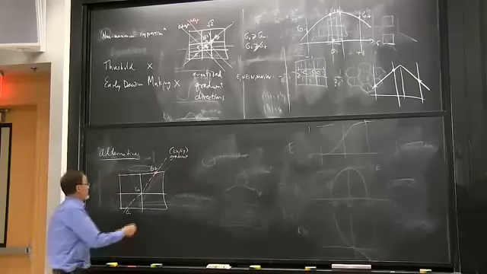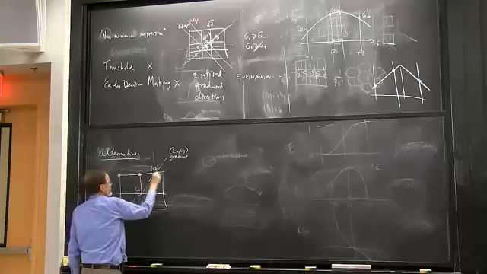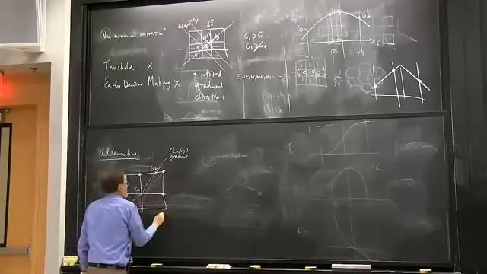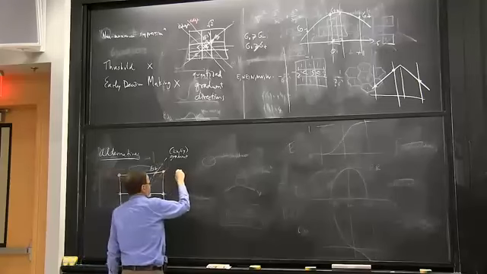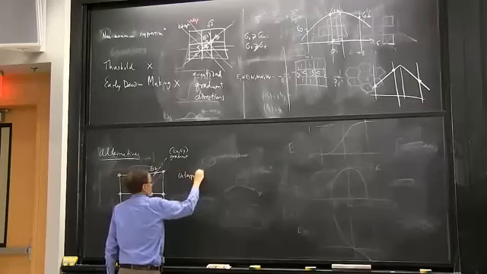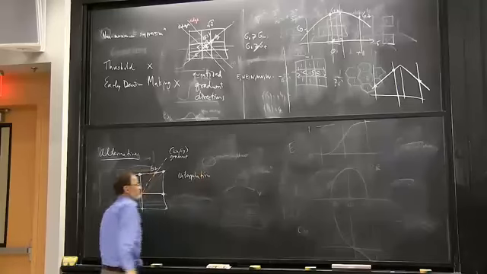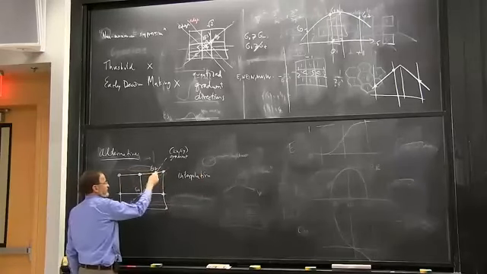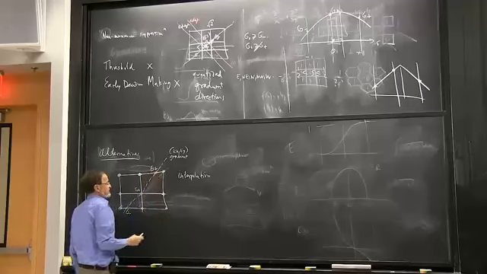And how do I do that? Well, I only know the values on the actual pixel grid. And so, ta-da, I interpolate. I use interpolation to go from the values on the grid to the value over here.